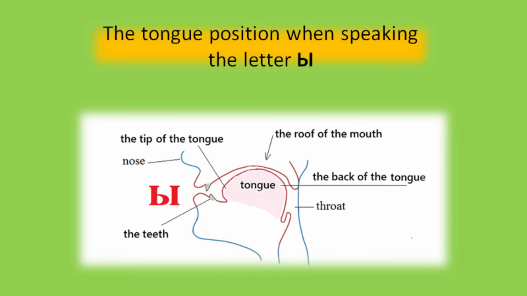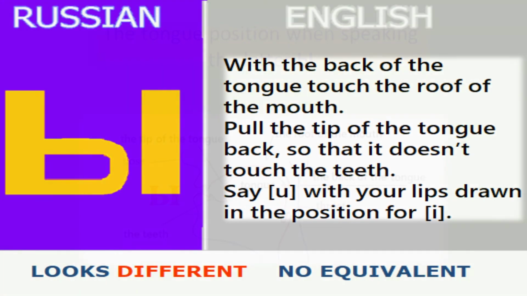The tip of your tongue shouldn't touch any teeth or the roof of your mouth. With the back of the tongue, touch the roof of the mouth. Pull the tip of the tongue back so that it does not touch the teeth.